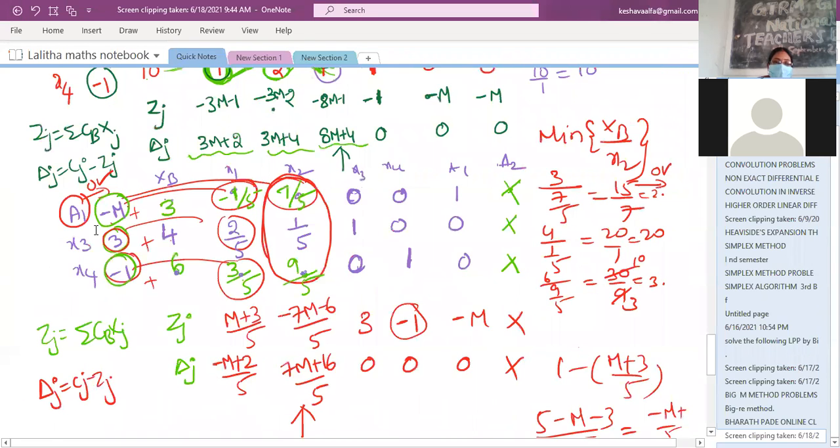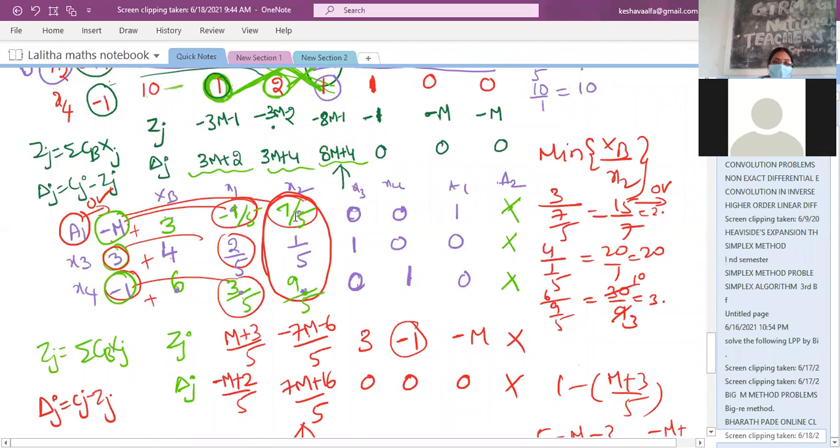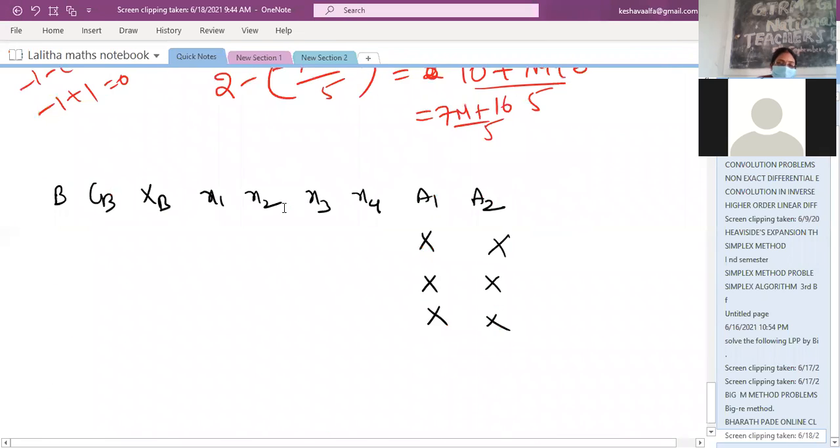In the second table, a1 is the outgoing vector and x2 is the incoming vector. So the basic variables are x2, x3, x4, with costs x2 is 2, x3 is 3, x4 is minus 1.